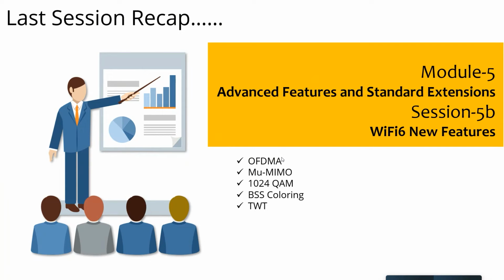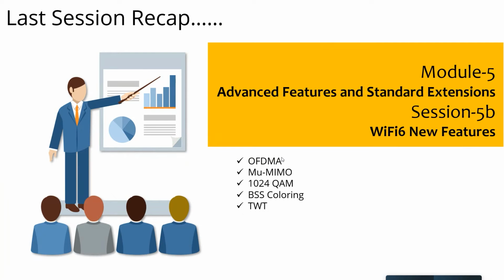This allows multiple users to use smaller chunks of frequencies and successfully transmit and receive from the access point at the same time. If multiple users can transmit and receive at the same time, that reduces the queuing time for traffic buffered at the access point, reduces the overall latency, and improves the user experience.